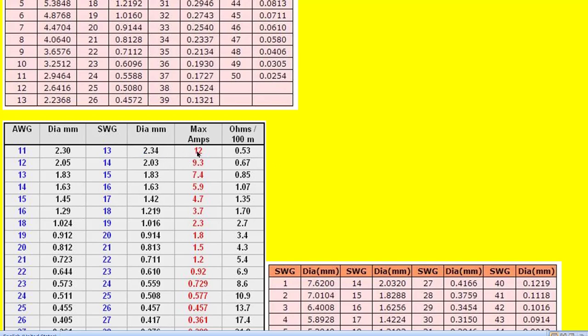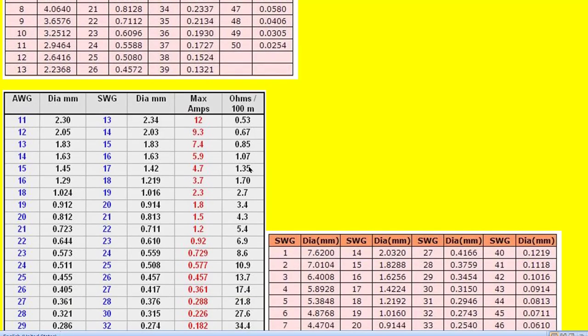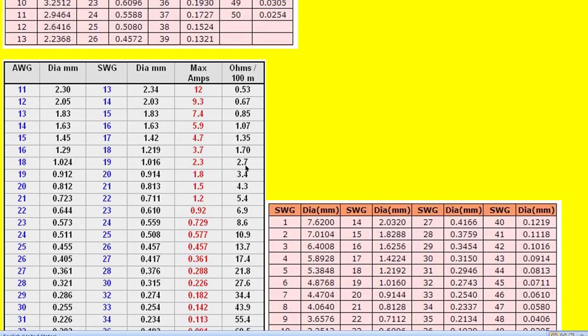Earlier for 13 gauge it is 0.53 ohms, meaning resistance there is less, whereas here it is more. So like this we can see here.